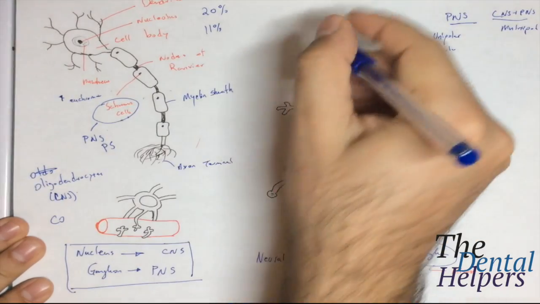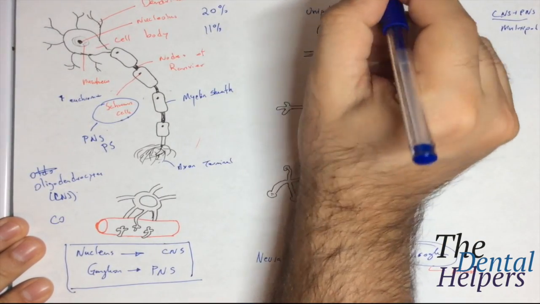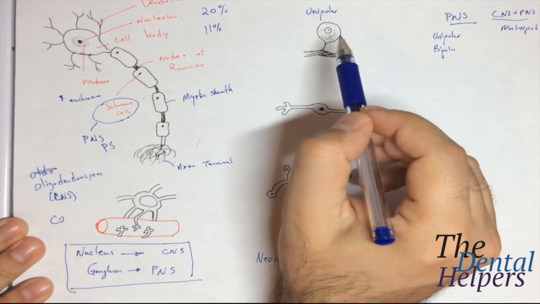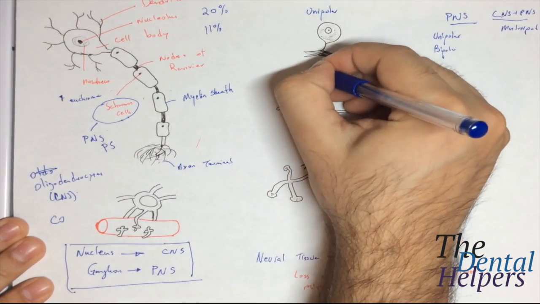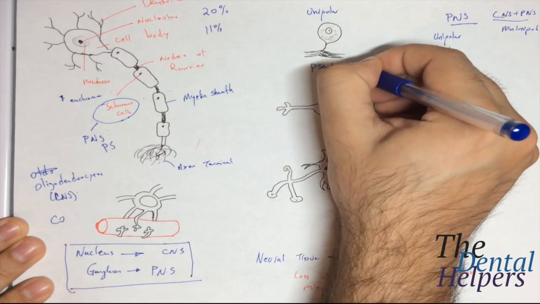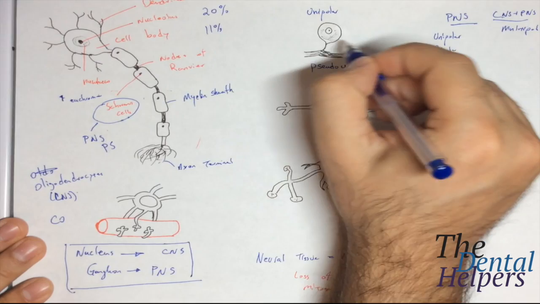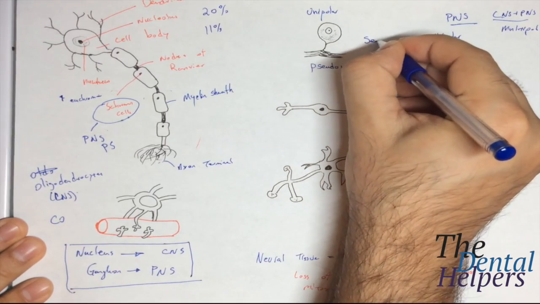So this first guy we have right here is what's called the unipolar, or also known as pseudounipolar. And these are basically what's seen in sensory neurons.